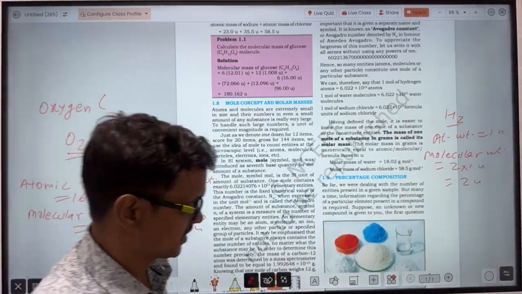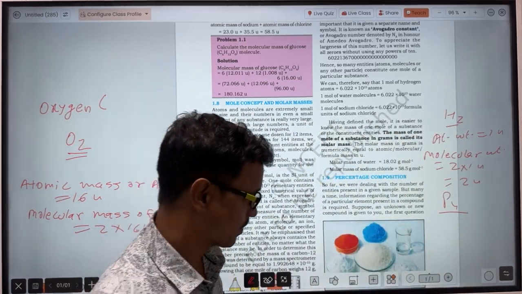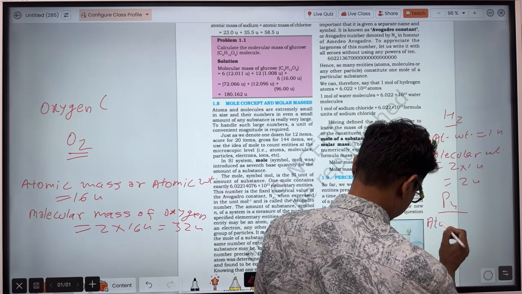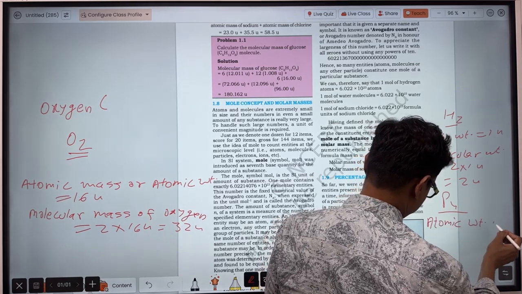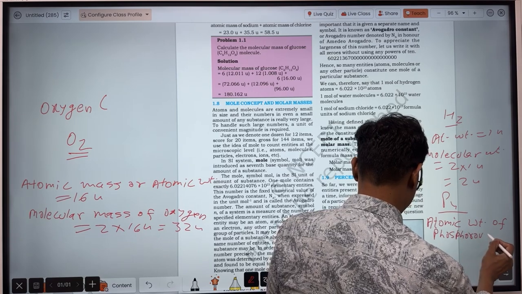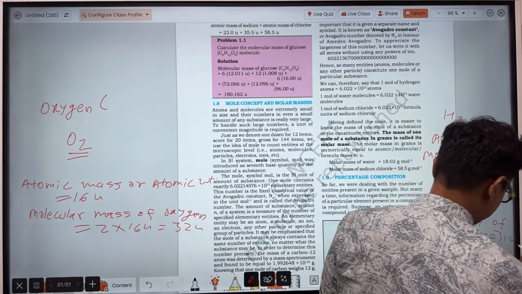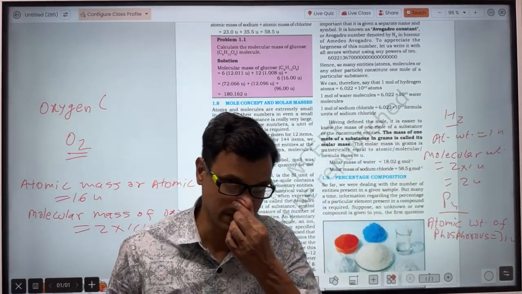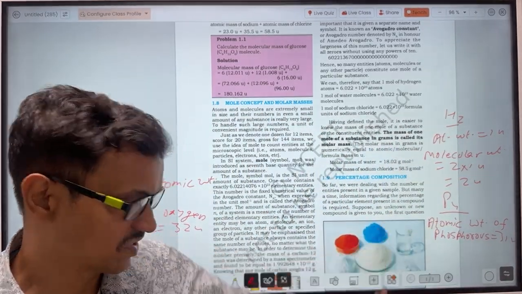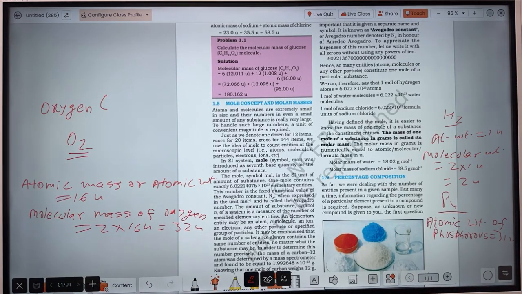Same here about phosphorus. Just consider phosphorus. So the atomic weight of phosphorus, how much? That is 31, so that will be 31 U. And one molecule of phosphorus is composed of 4 atoms of phosphorus.